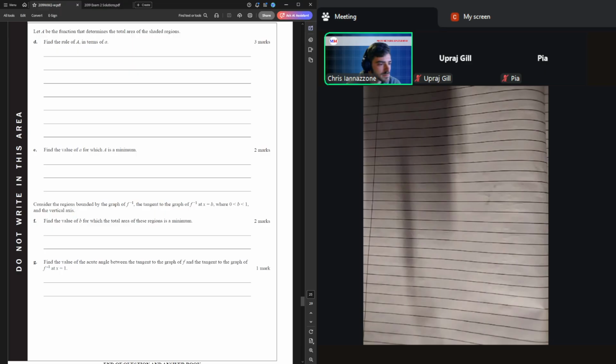This one's probably one of the slightly harder versions of doing bound area. It's not immediately obvious. It's slightly quirky.